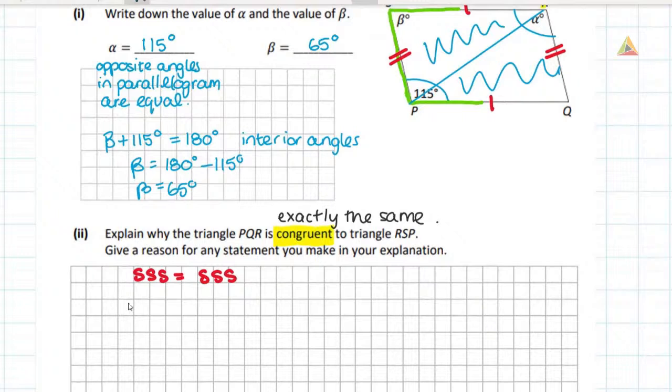So we're going to say the length of the side from PQ is equal to the length of the side from RS or SR, and the length of the side from QR is equal to the length of the side SP. And my reasons for both of those are opposite sides of a parallelogram.